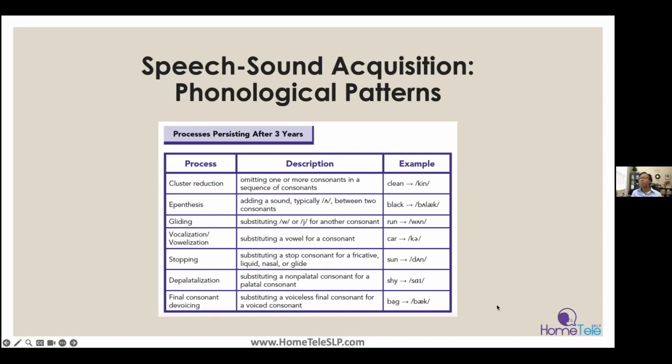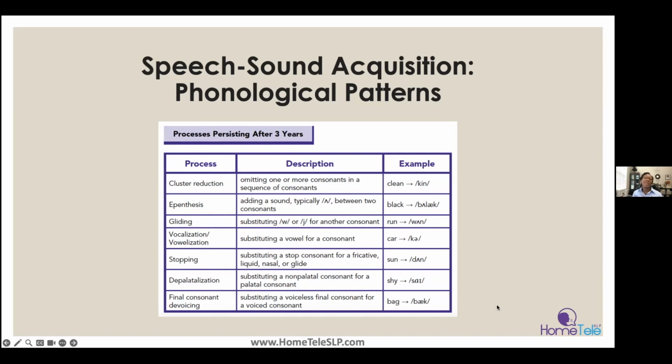I think of, for example, the word spy. SP, being able to produce the S and then transition to a P sound, 2 different placements, teeth together, lips together. Maybe they drop the S and they say pie, and they say, I pie a bear, I pie a cat, but they're really saying I spy. But because of them still using that process of cluster reduction, it sounds like pie.